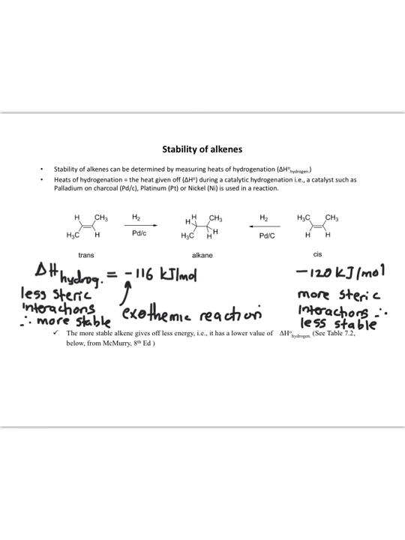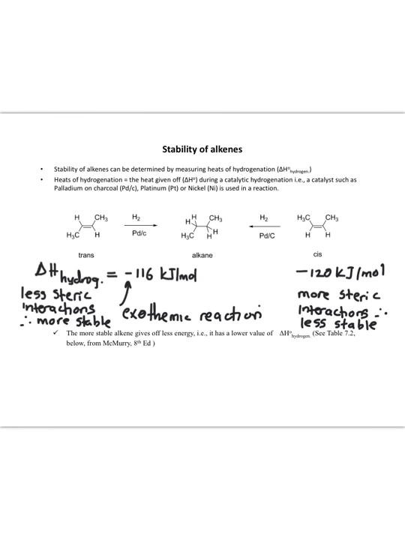So when you react a trans with hydrogen to get the alkane, you get 116 kilojoules per mole of heat released. In this case, if you take a cis compound and then you also react it with hydrogen, to get the alkane, you release about 120.